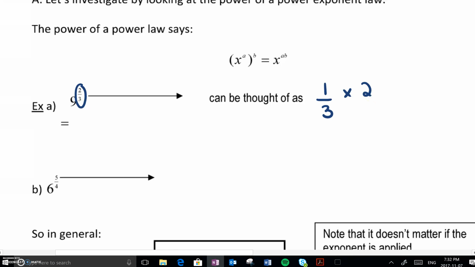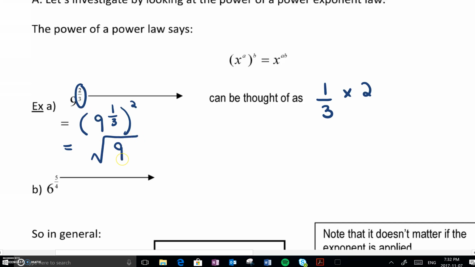If you look at it that way, you'll know that you're creating a numerator of 1. So we're going to rewrite that. We're going to put a bracket here: 9 to the power of 1 over 3, to the power of 2. We know that when we have a fraction as an exponent, we create a root.